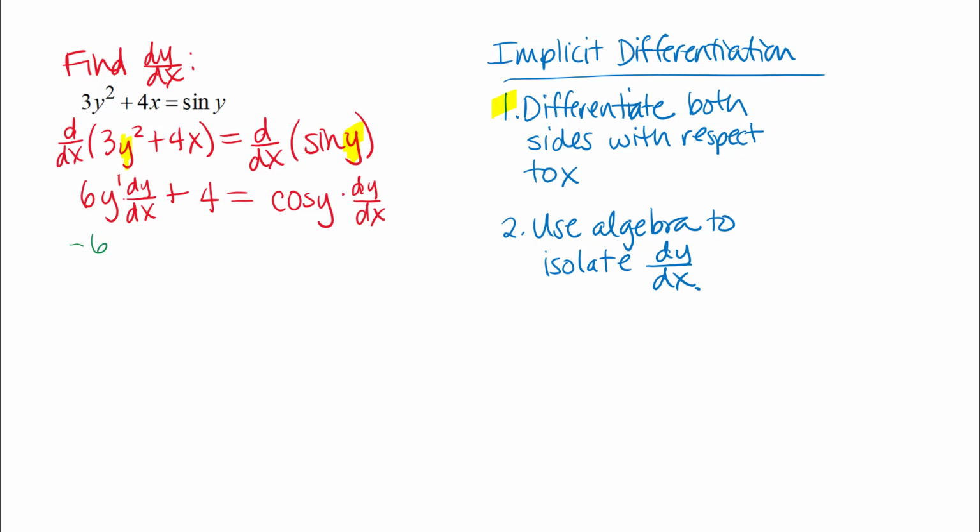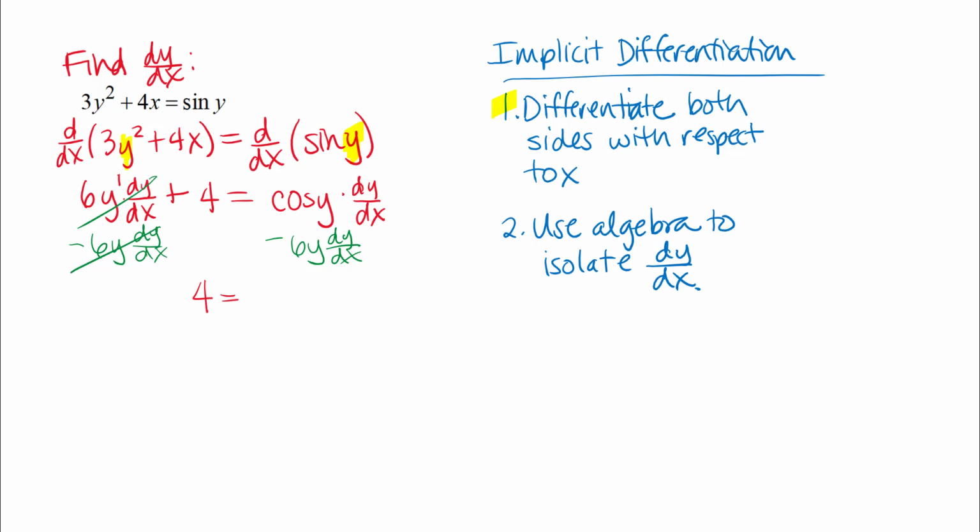So I'm going to subtract this 6y dy dx term from both sides of the equations. I could choose to do this algebra in different ways, but since I have a term involving dy dx already on the right side of the equation and a term that does not involve dy dx already on the left side of the equation, that 4, I'm going to choose to move the 6y dy dx term.